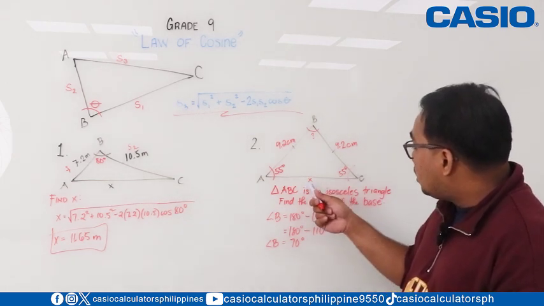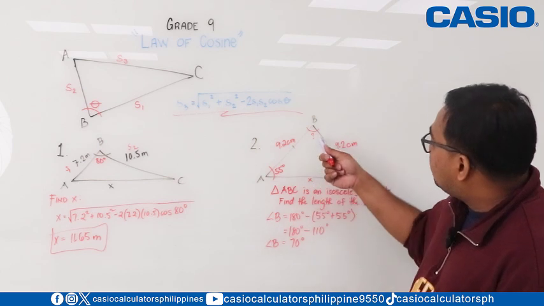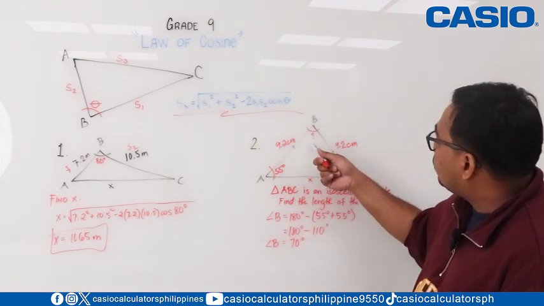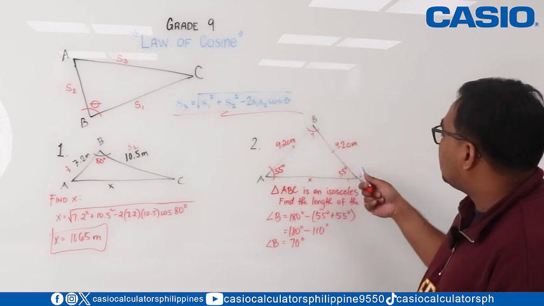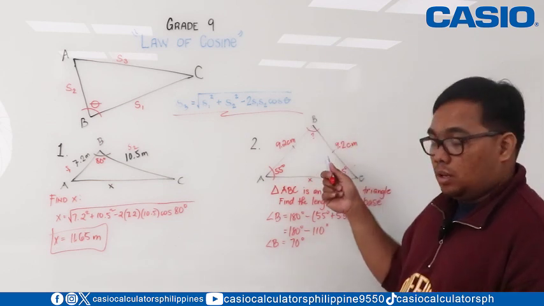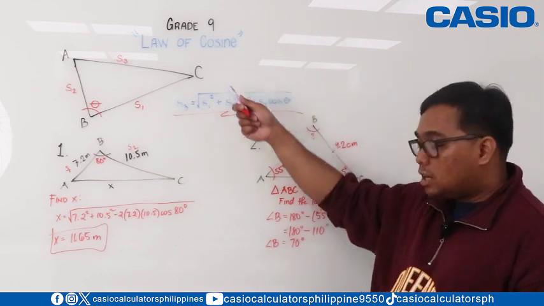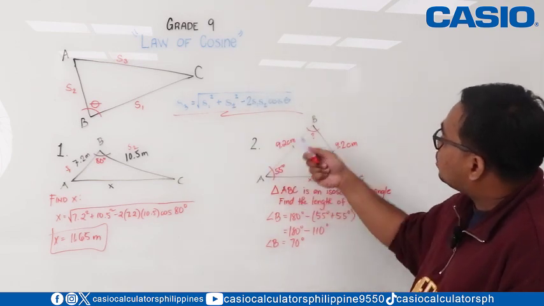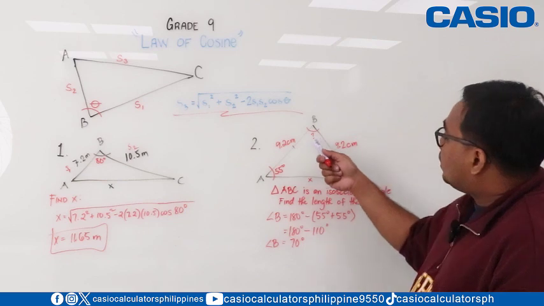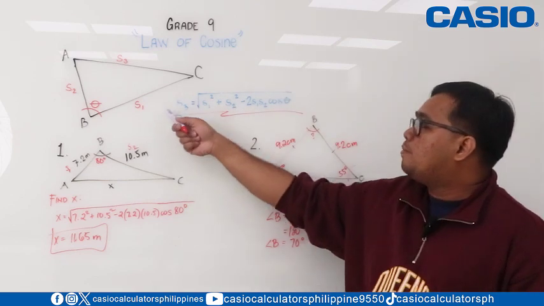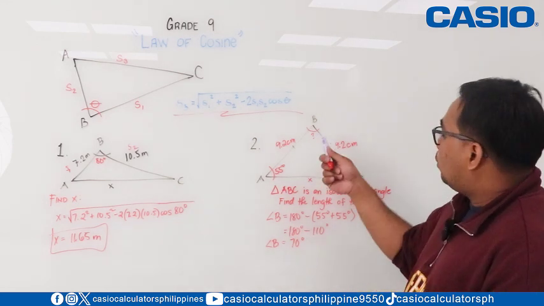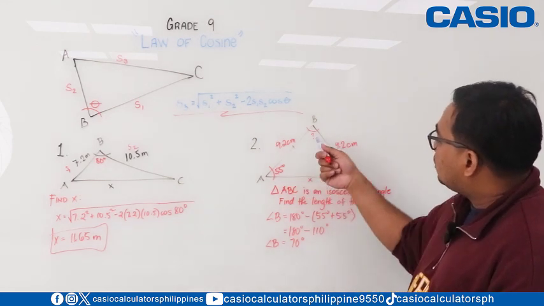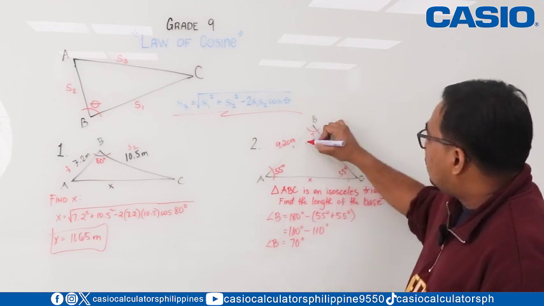We need to determine the value of our included angle between side AB and side BC, which are given. As the Law of Cosine states, we need two sides and their included angle. Now we already have our two sides and the included angle, which is 70 degrees.